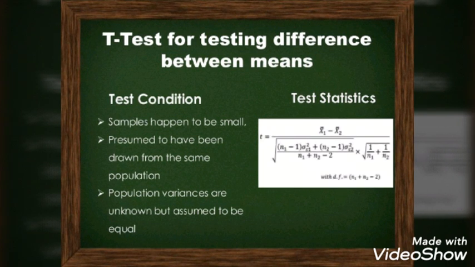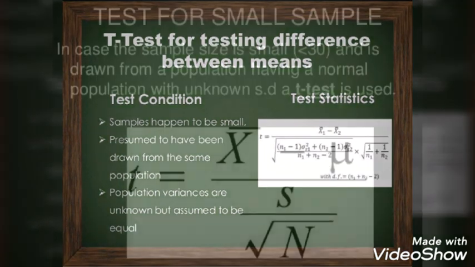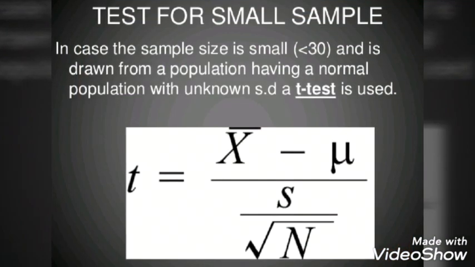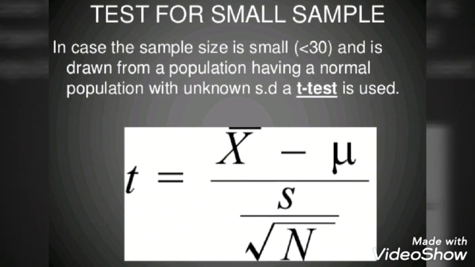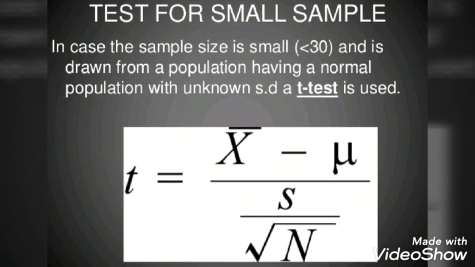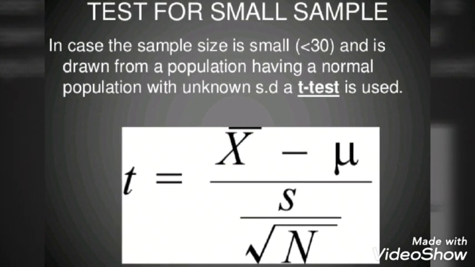Then we'll see the next. You can see here the formula. t equals x bar minus mu, divided by s over the square root of capital N. So this is the formula for the calculation of the t value.